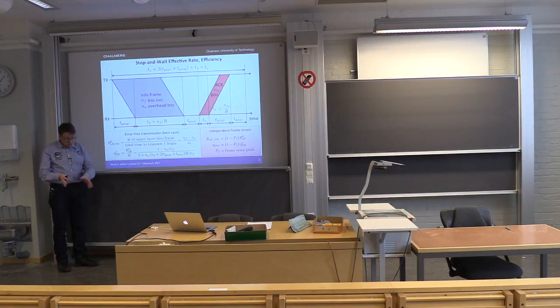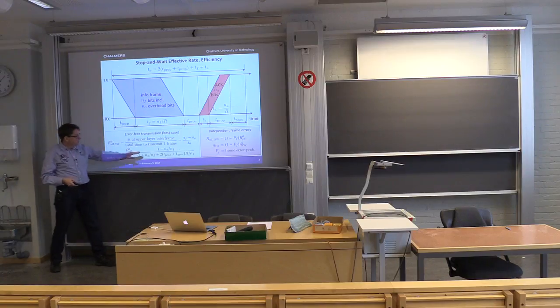So I get some data rate from the layer below, r bits per second, and then I deliver a rate up, which is the effective rate. And the ratio between these two is a measure of how efficient I am. Right? So we would like to have this high, and this is the number.